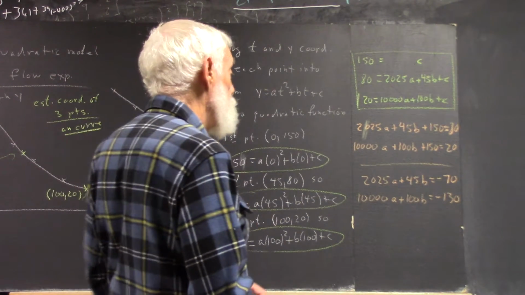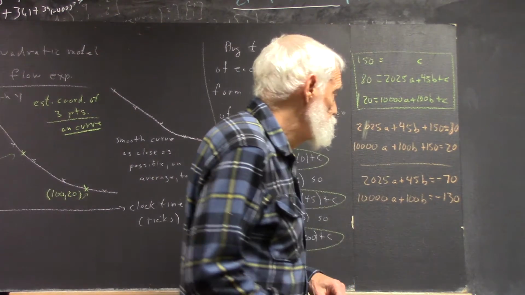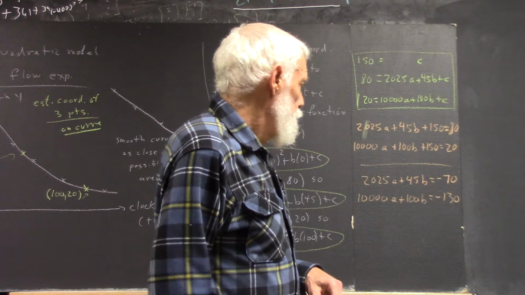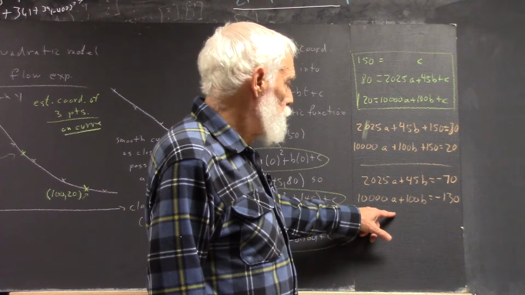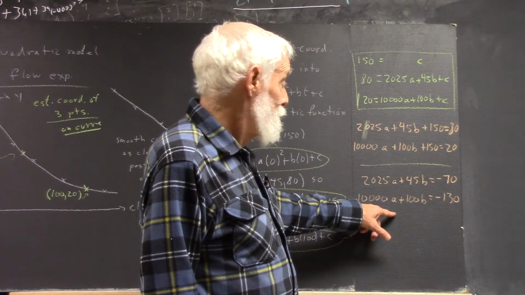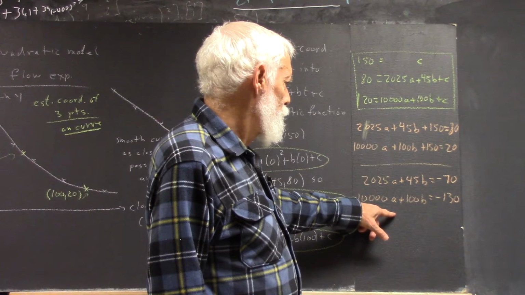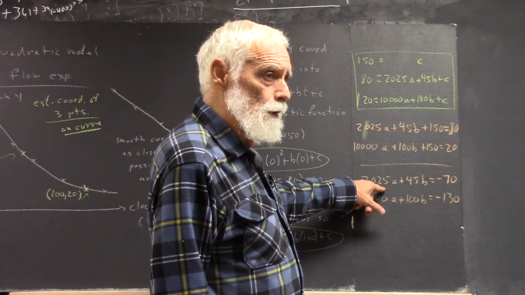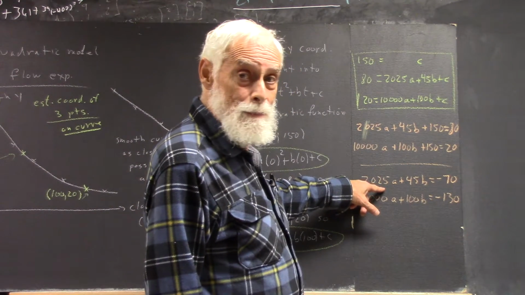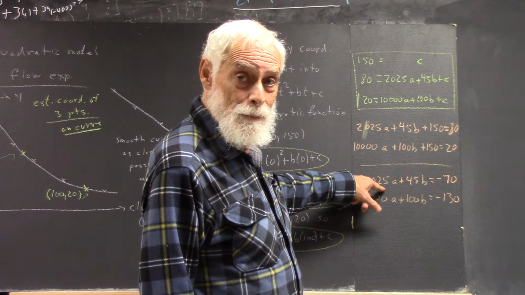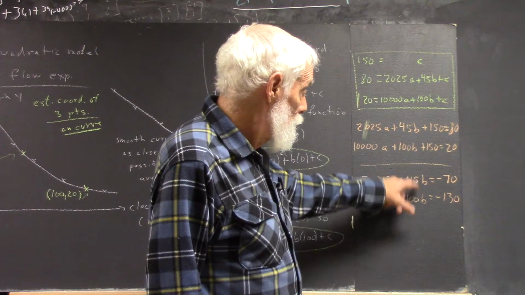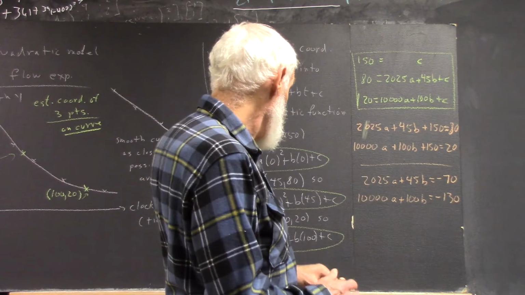Now, if I multiply this equation by 9 and this equation by 20, the B coefficients are going to be equal.